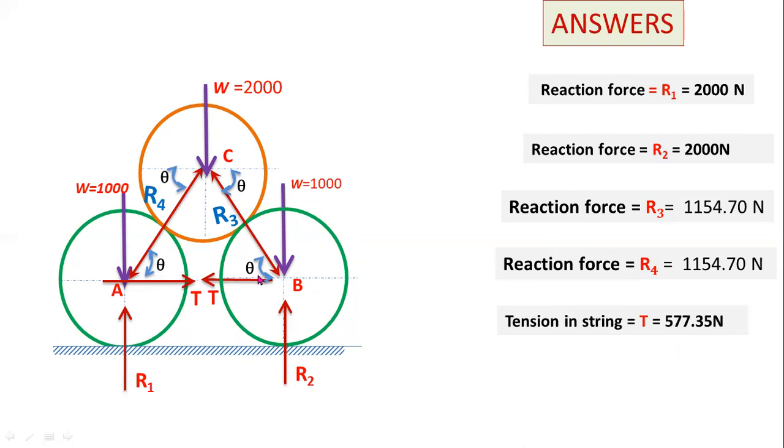The tension in the string AB is T equal to 577.35 newtons. These 4 are the reaction forces or pressures. So this is the final answer for this problem. In the next class, I will explain more examples on this type of problem.